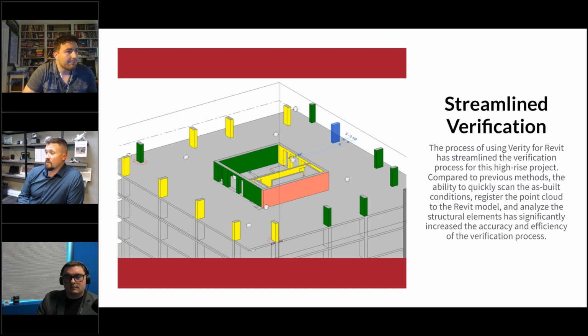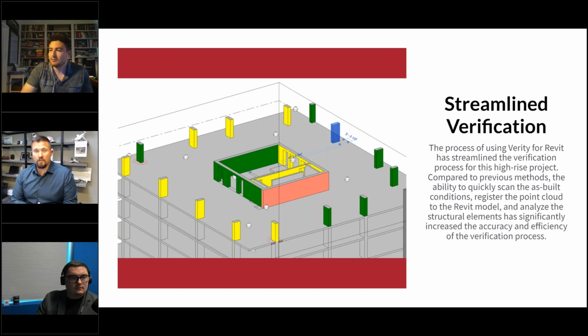Yep. So with our streamlined verification, we are able to get true as-builts. And what I mean by true as-builts is, before laser scanning, Verity, Revit, all that fun stuff, I'm a little older, so I remember having to do hand as-builts and going out there with the tape measure. The amount of data you collect that way is not a true representation of what is in the field.